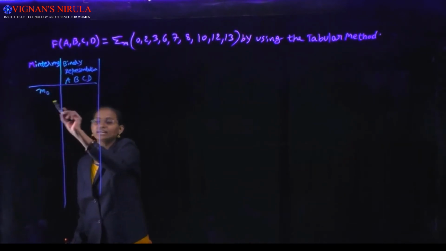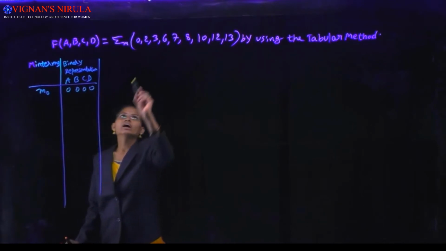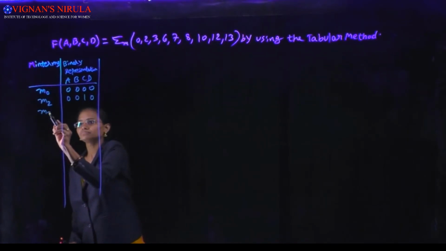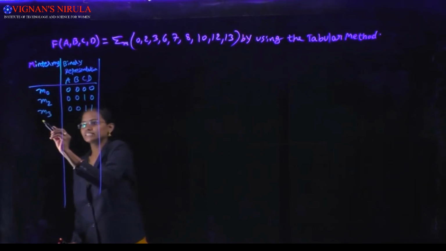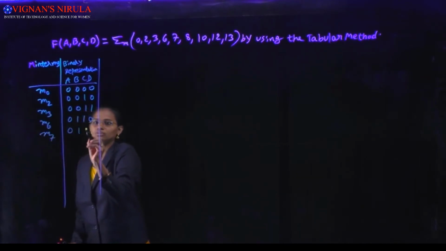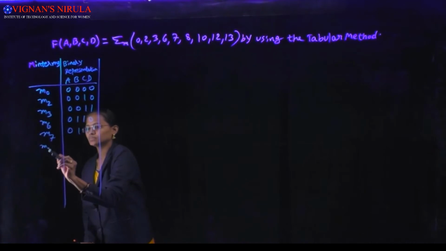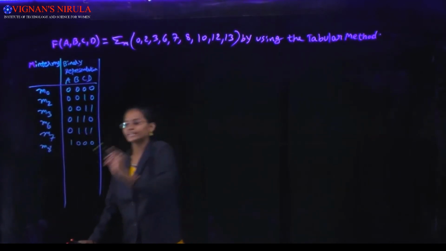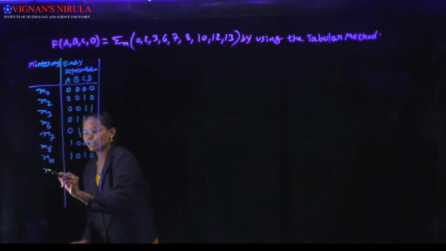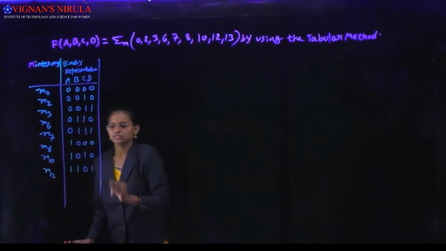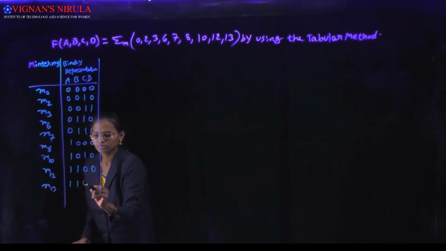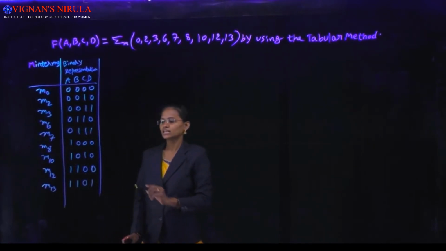M0, that binary number is 0, 0, 0, 0, and next M2 0, 0, 1, 0, and next M3 0, 0, 1, 1, next M6 0, 1, 1, 0, next M7 0, 1, 1, 1, next M8 1, 0, 0, 0, and next M10 is 1, 0, 1, 0, and next M12 is 1, 1, 0, 0, and next M13 is 1, 1, 0, 1.